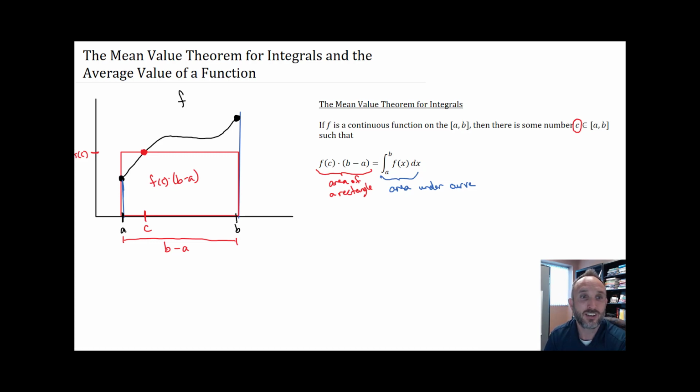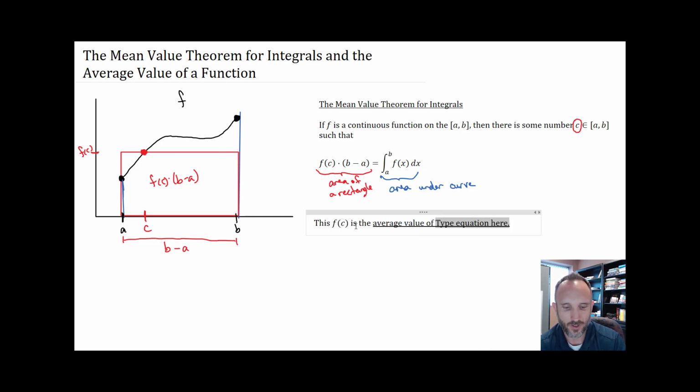Now, just a note here, this f of c, this height. This f of c is what we call the average value of the function, okay? This f of c, that's a height, right? It's the height of the rectangle. F of c is the average value of the function f.